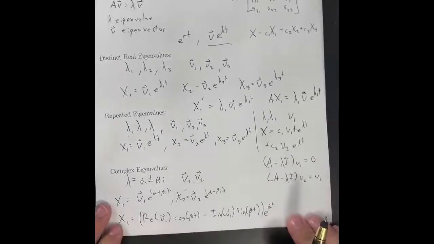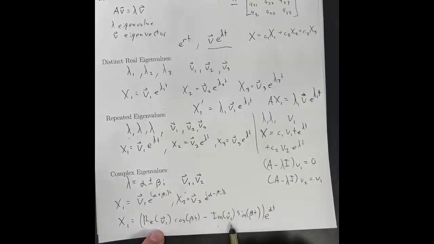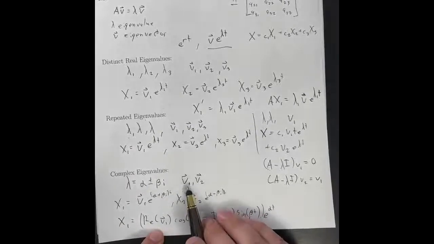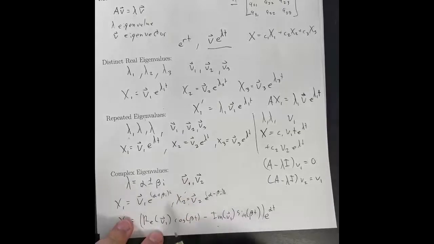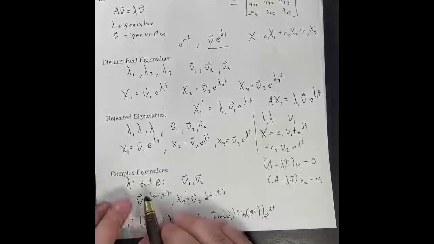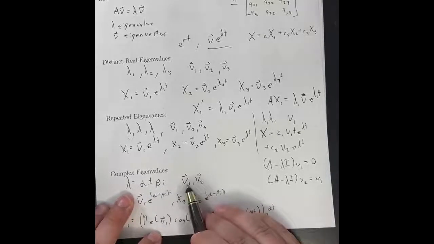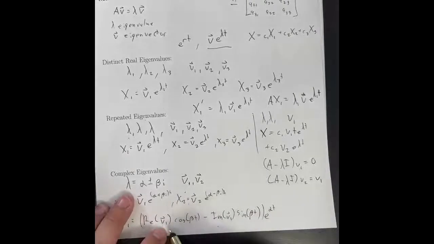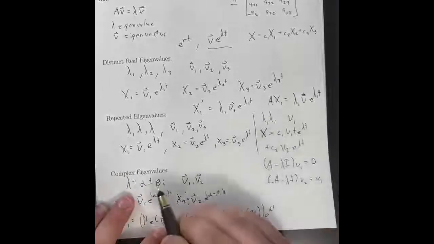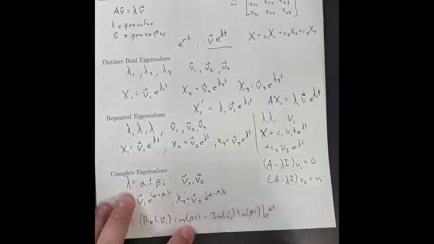The one other thing to be careful of is, notice we only use V1 here. So we only use the eigenvector corresponding with alpha plus beta I. This works as long as you just pick one of your eigenvalues and find its corresponding eigenvector. Alpha is the real part, and beta is the imaginary part.